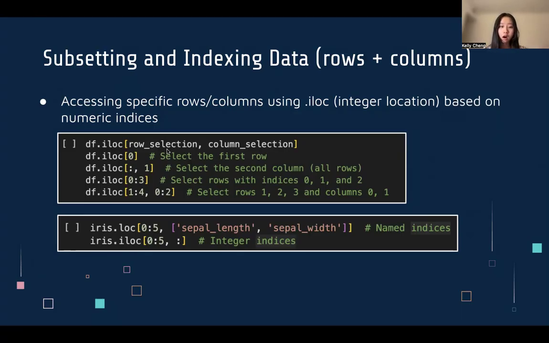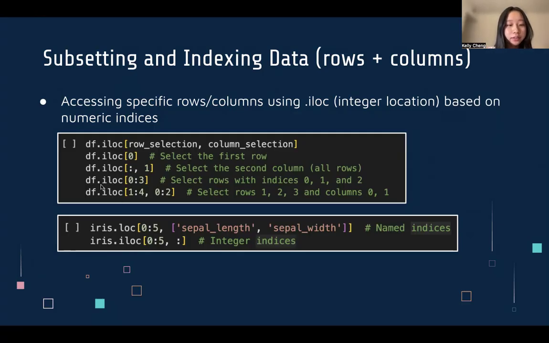So we're selecting all rows, and then 1, which means the second column. Again, Python uses zero-based indexing, so it's kind of counterintuitive. We would think that we're selecting the first column, but it's 0 and then 1, which means we're selecting the second column. So here we are selecting all rows from the second column.